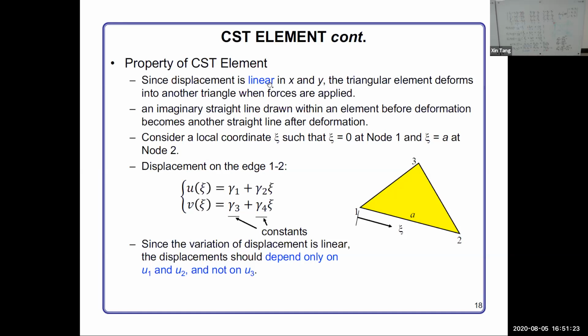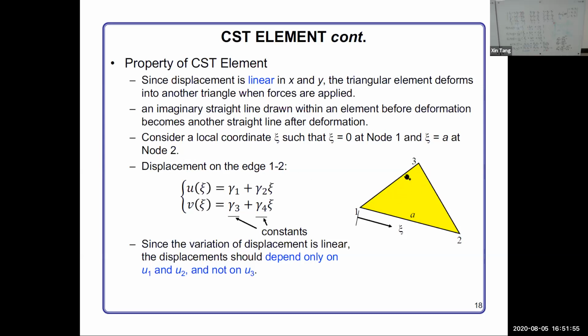So if you use the CST element to simulate some nonlinear deformation, you are far further away from the exact solution. Okay. So you need to choose a different element. Either make the CST element quadratic, adding more nodes, or choose square-shaped or different shaped elements to fit your problem.